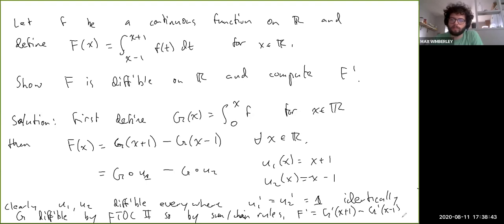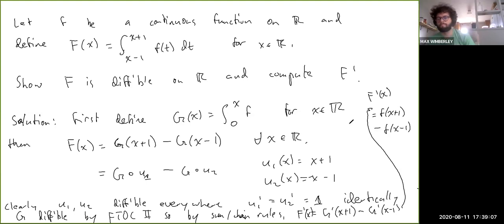So F prime of x, sorry. G prime is just little f. So F prime of x is just little f of x plus 1 minus little f of x minus 1, right? So yeah, any questions about that?